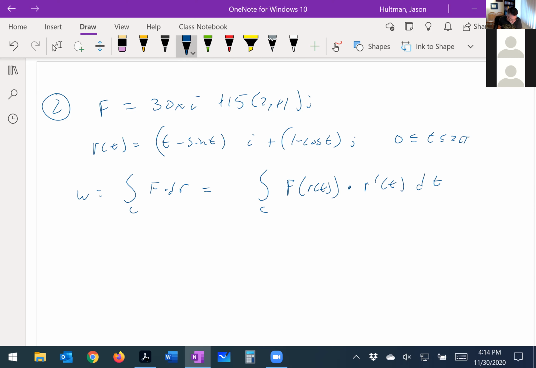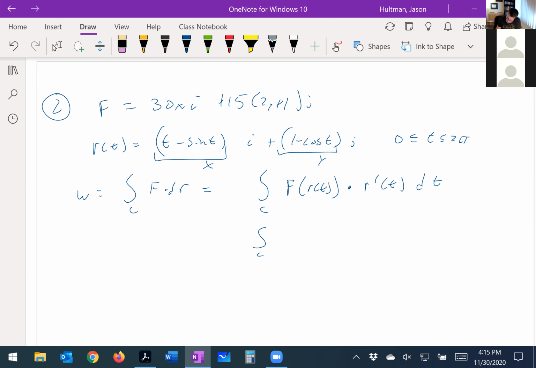That's what that is. So F of r of t: we know what x is and we know what y is. x is equal to t minus sine t and y is equal to 1 minus cosine t. So I could just plug that directly in.